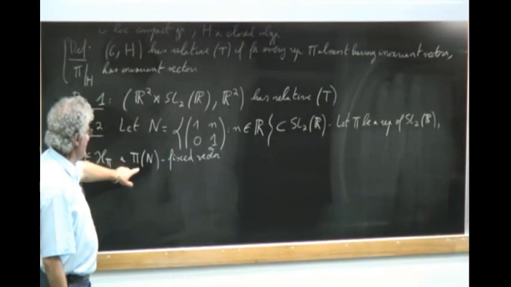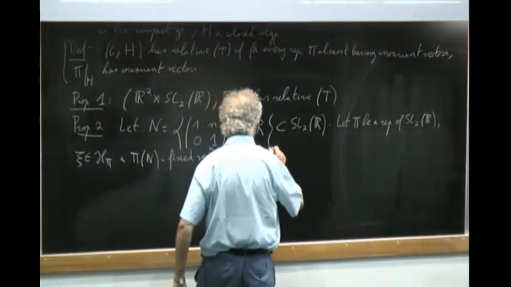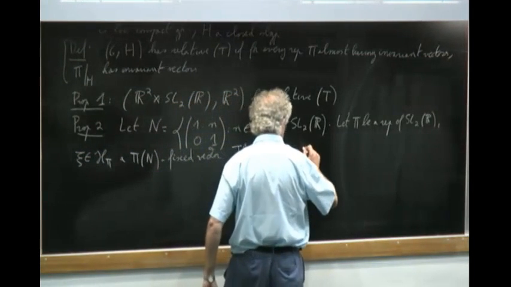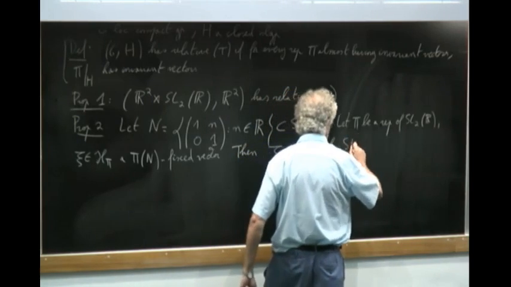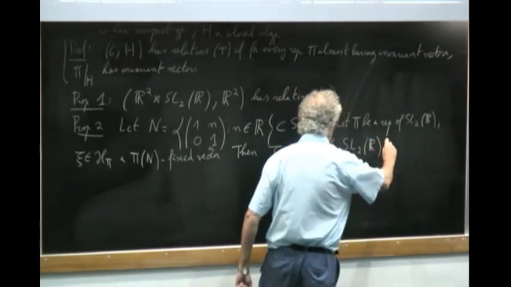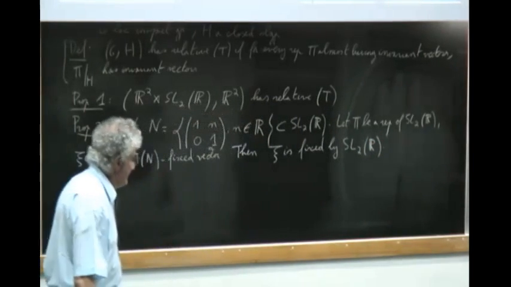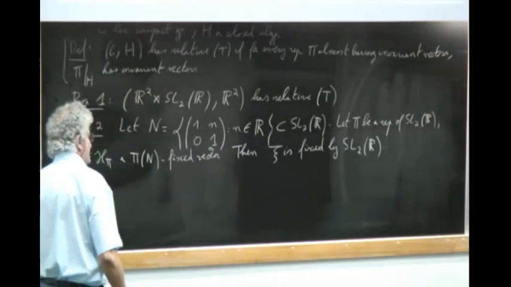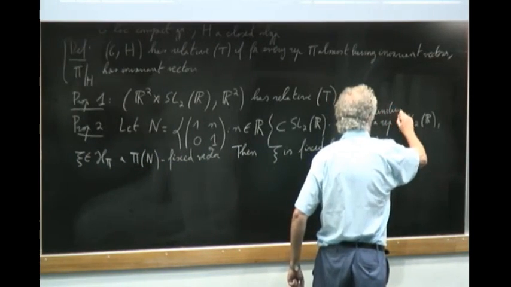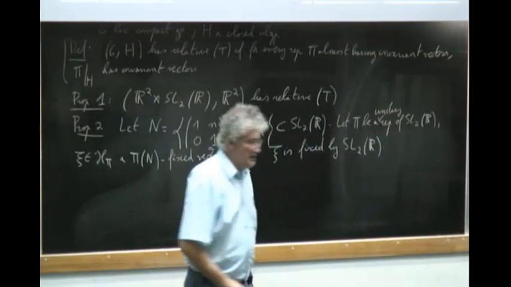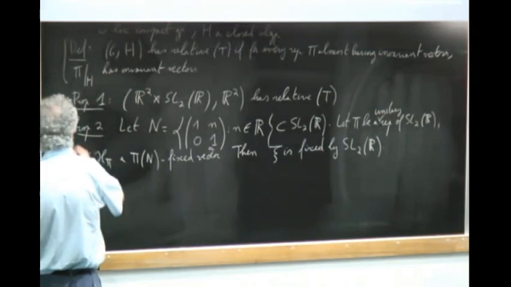Then this vector is fixed under the whole of SL2R. And the fact that the representation is unitary is absolutely crucial. This is something which is false, for instance, for finite dimensional representations of SL2R, but these are non-unitary.